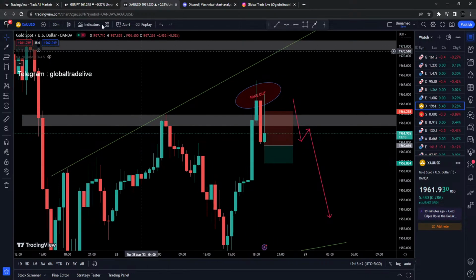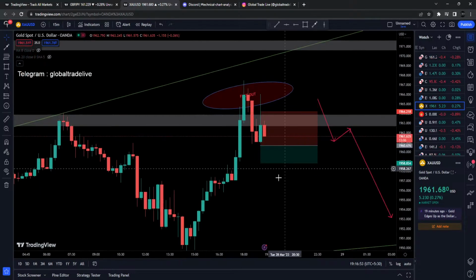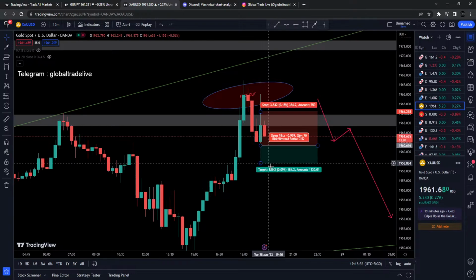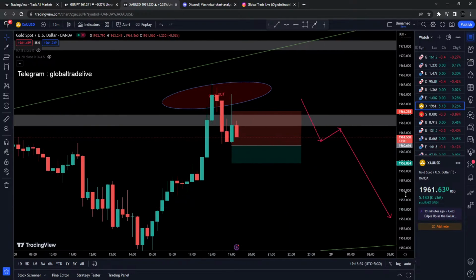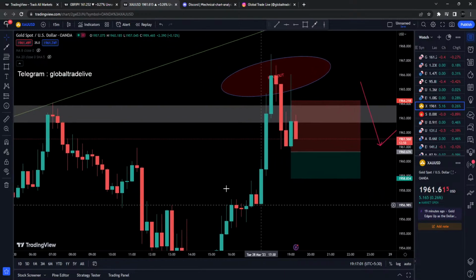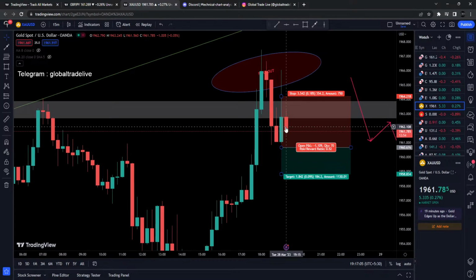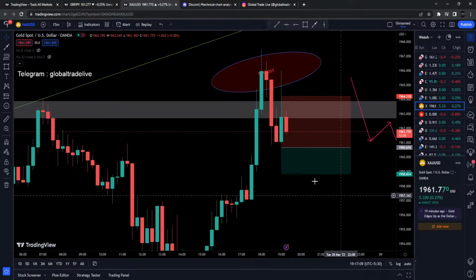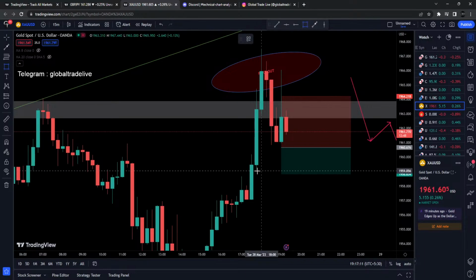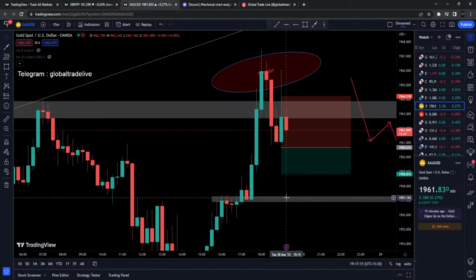So we will be getting in quick and getting out quick after 12-15 pips. I'm going to zoom in, and yeah, everything is perfect. We just need this candle to break the low and continue moving down, and this will be the area of support where the market is going to move.